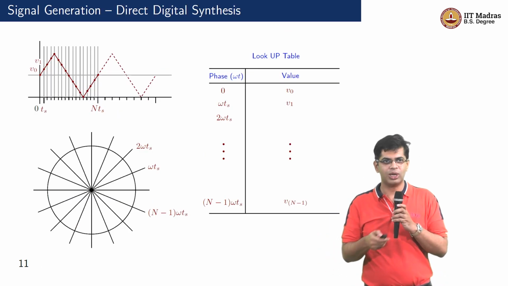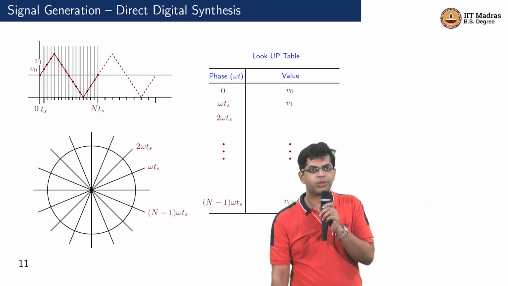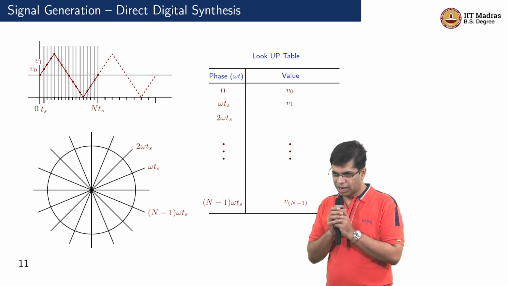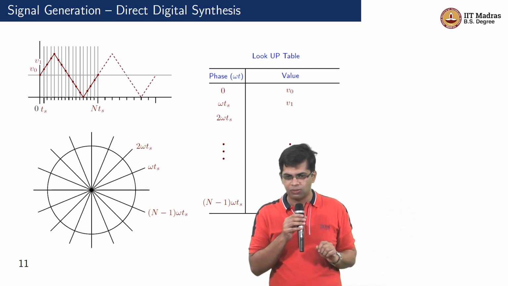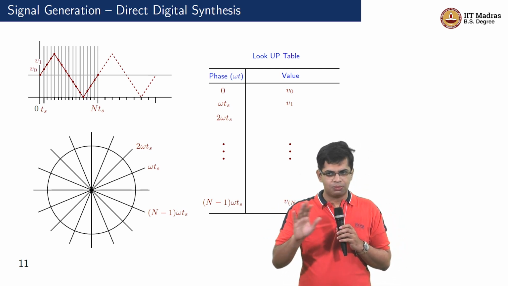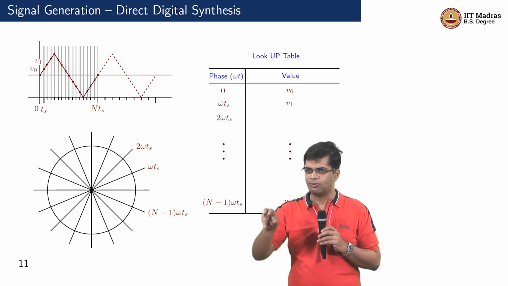So quickly we'll move on. I have about half an hour more. Let's now go to signal generation. So I wanted to introduce to you this concept of direct digital synthesis first. In the old days, before microcontrollers were very commonly available, most signal generators had some form of an oscillator.